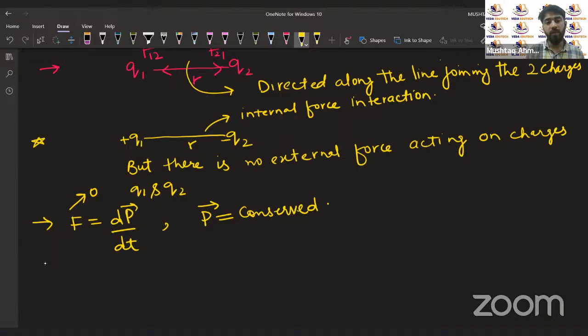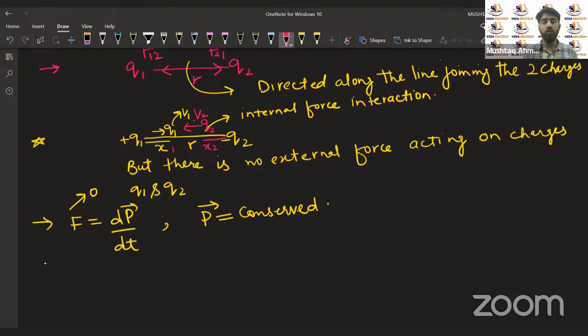Suppose that after some time t, this charge has moved a distance x1 with a velocity v1, and this charge has moved a distance x2 towards charge 1 with a speed of v2. And suppose these two charges have masses m1 and m2 respectively.